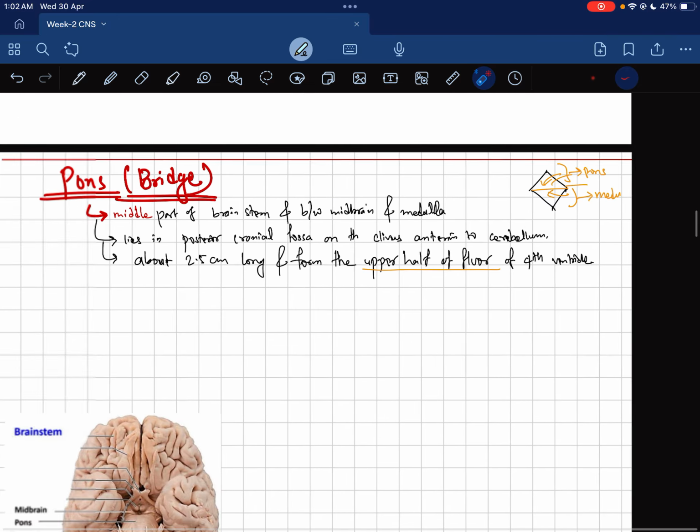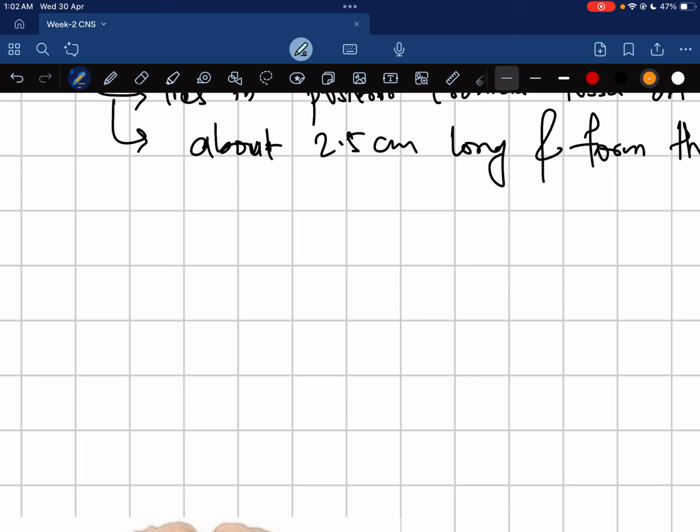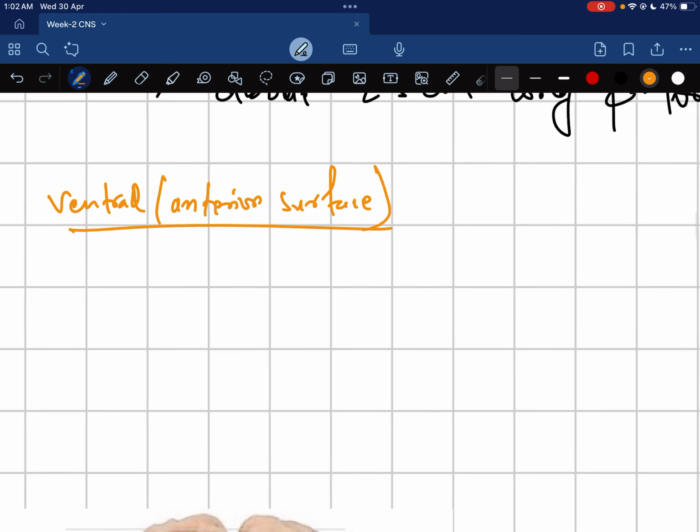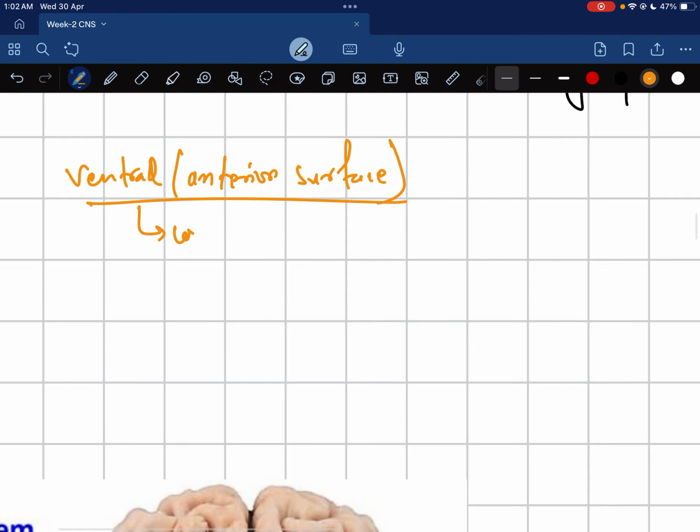Moving on, the ventral aspect, the ventral or anterior surface. In the ventral surface, it is convex.